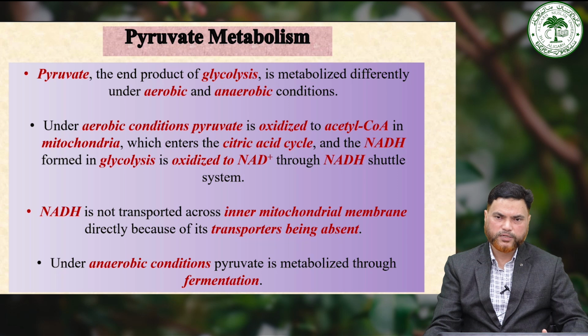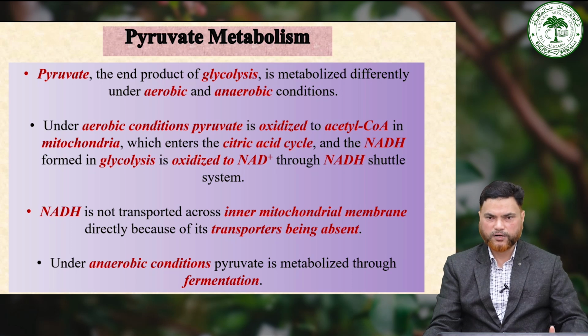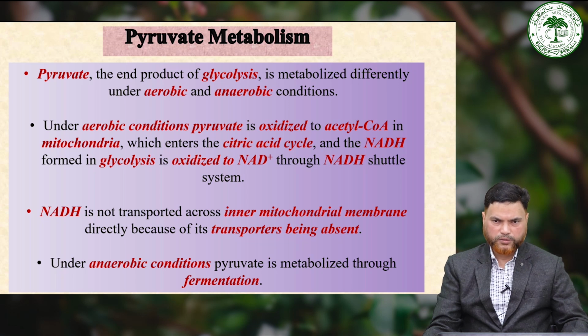The tricarboxylic acid cycle, a cyclic pathway crucial for cellular respiration, serves as a hub for oxidizing different carbon compounds including pyruvate. Pyruvate enters the TCA cycle through a series of reactions, ultimately transforming into carbon dioxide and high energy electron carriers like NADH and FADH2.